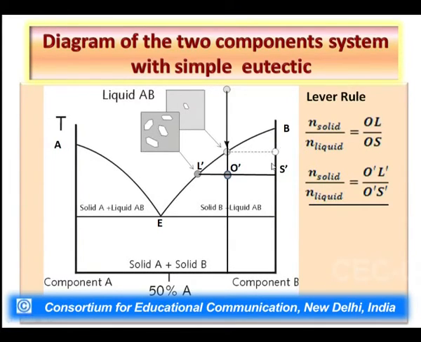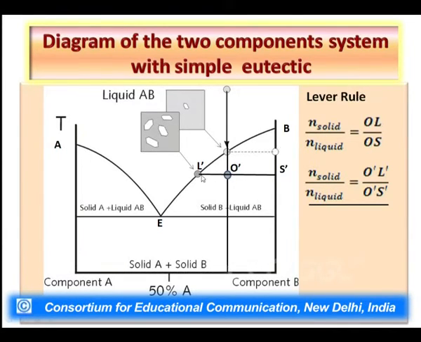It is important to note that when crystallization of component B continues, the proportion of component A relatively increases. So, the composition of the remaining mixture will continue to shift towards pure component A, and we can note this from the same observation here also.